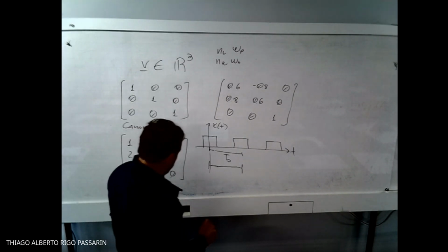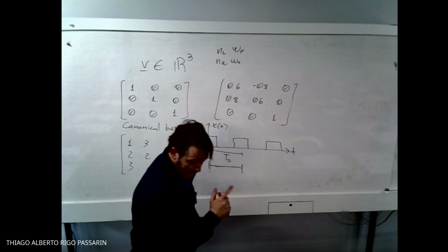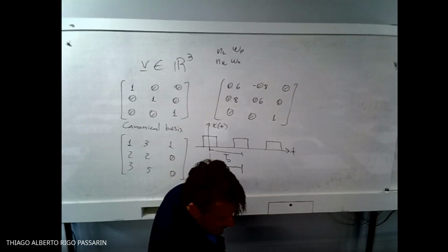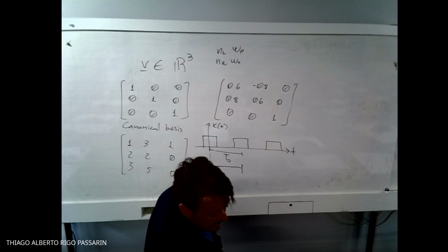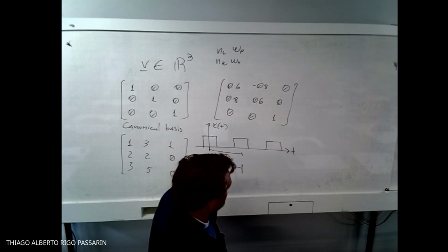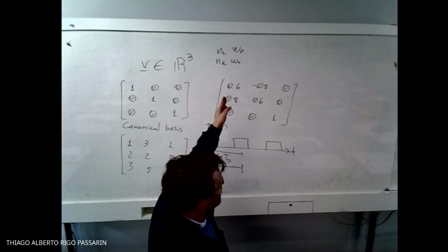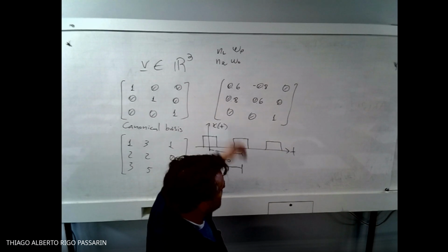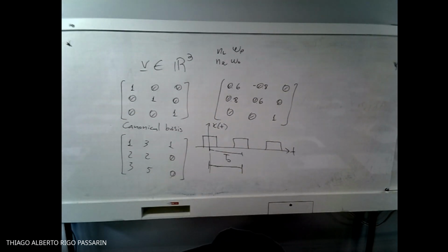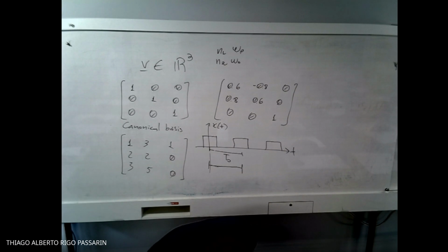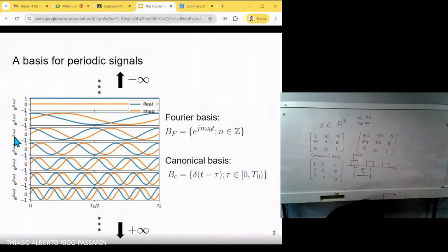Now the news is, if I have the infinite group of vectors with frequency 0 times omega 0, 1 times omega 0, 2 times omega 0, 3 times omega 0. Actually, they're written here. E to the j 0 omega 0 t. E to the j 1 omega 0 t. E to the j 2 omega 0 t.